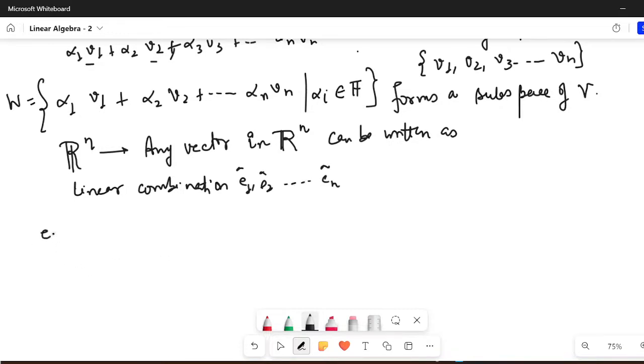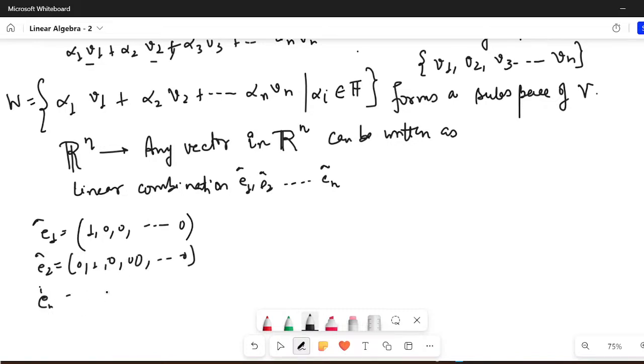And what is E1 cap? E1 cap is 1, 0, 0, up to 0. This is having n tuples. E2 is what? It is equal to 0, 1, 0, 0, up to 0. And what is En? So on and so forth. I can write this as 0, 0, 0, up to the last number 1.